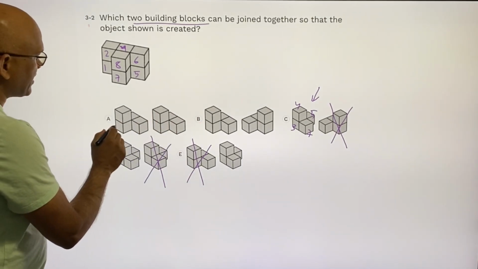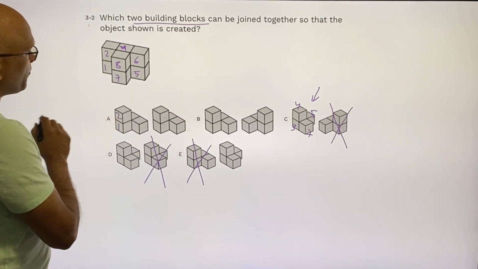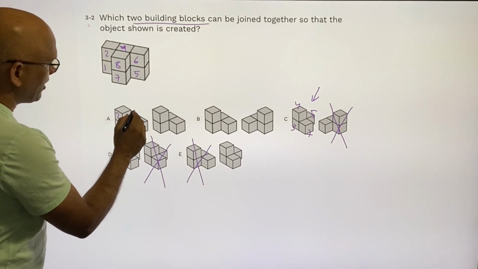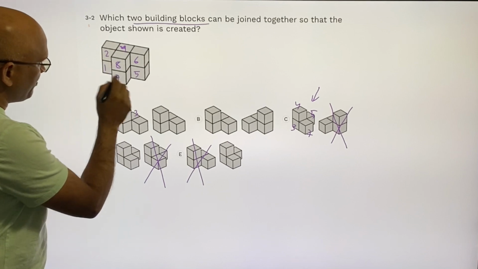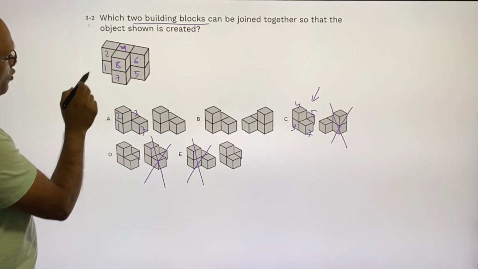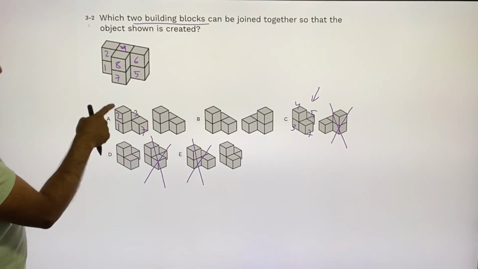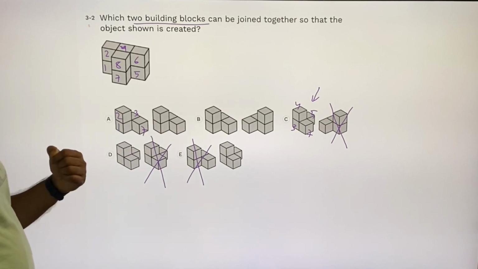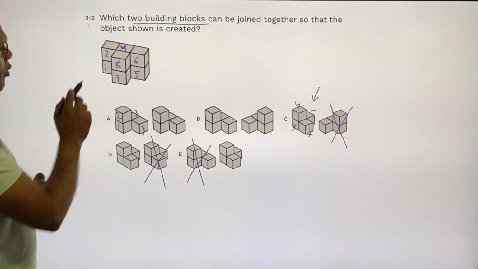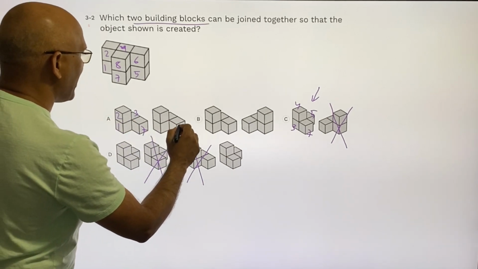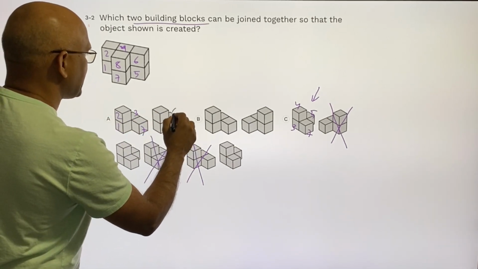So A can be, this can be 1, 2, right? And then this can be 3, that is below 4, and then this can be 7. So 1, 2, and then 3 and 7 are like this. Okay, now can I get this structure? If 1, 2, 3, and 7 are taken, what I can do is this can be my 5, this can be 6.